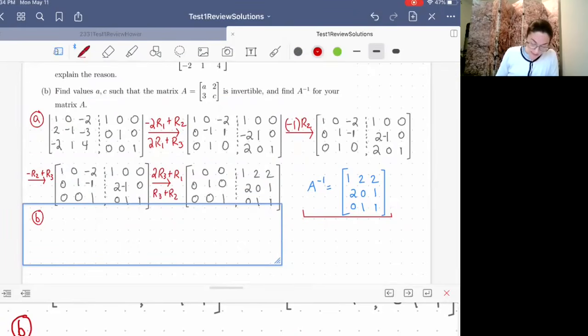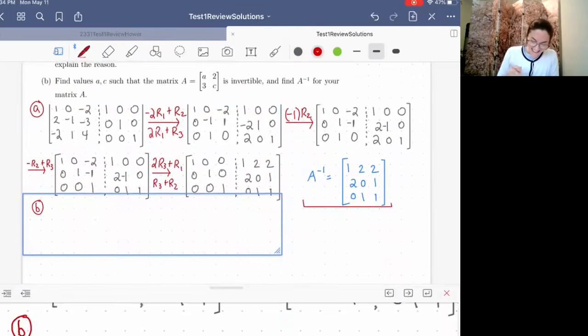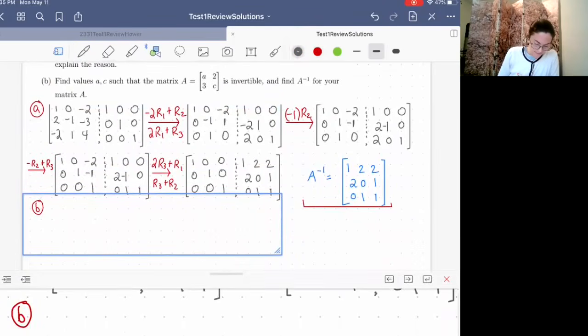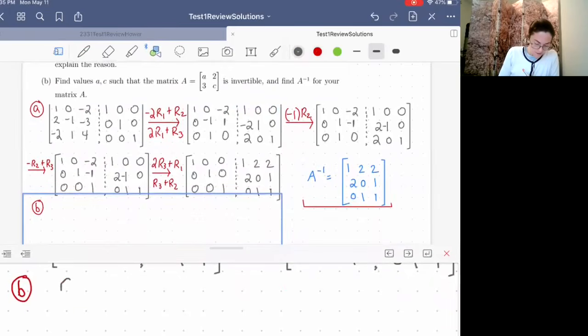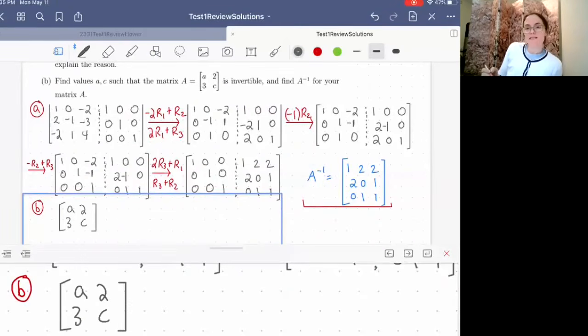Now I'll move on and do B right here. There's not a lot of space on the page, but I have room for B. Okay, this is a 2 by 2 matrix, with A, 2, 3, C. And this is something we discussed, that I mentioned the word determinant.